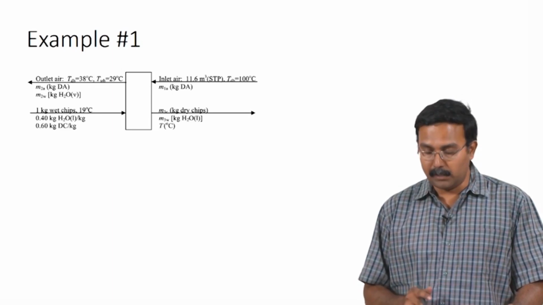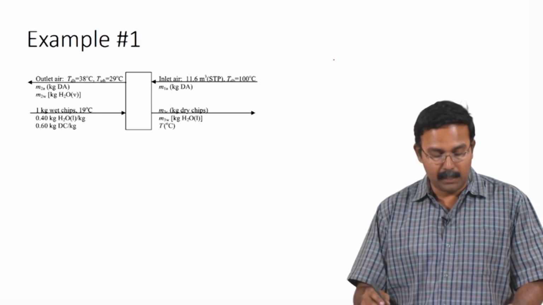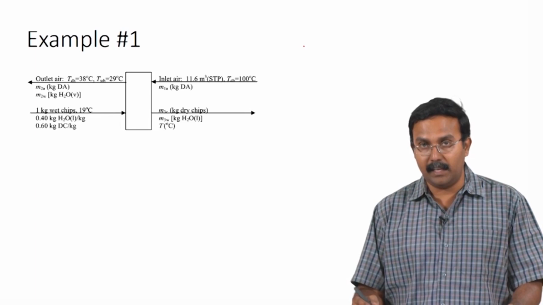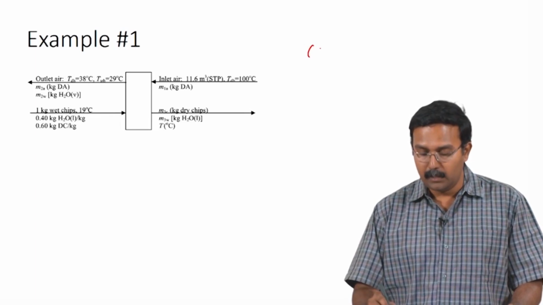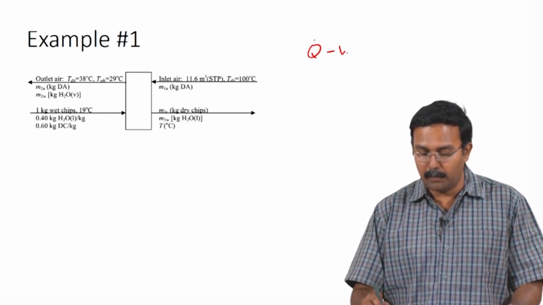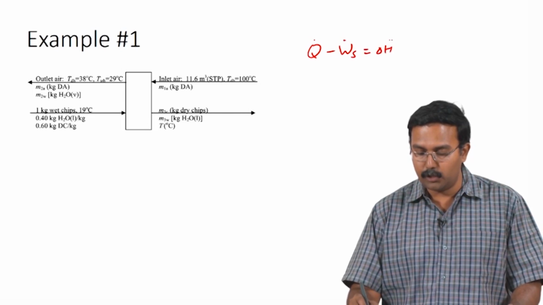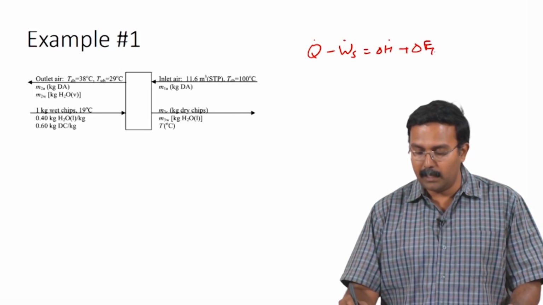This is an open system, which means the general energy balance equation would have enthalpy instead of internal energy. So, the equation would be Q dot minus Ws dot equals delta H dot plus delta Ek dot plus delta Ep dot.